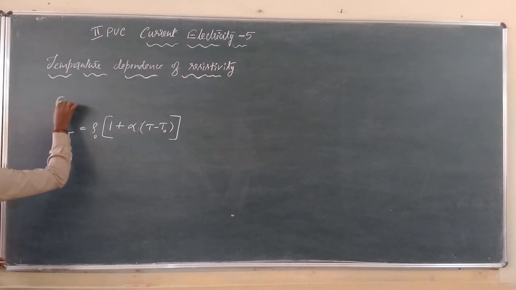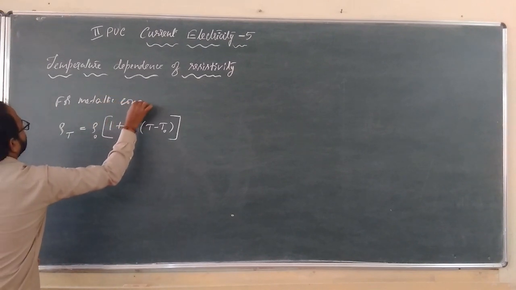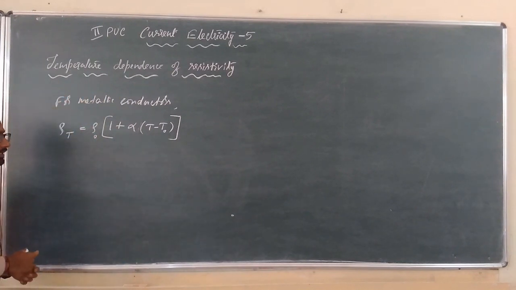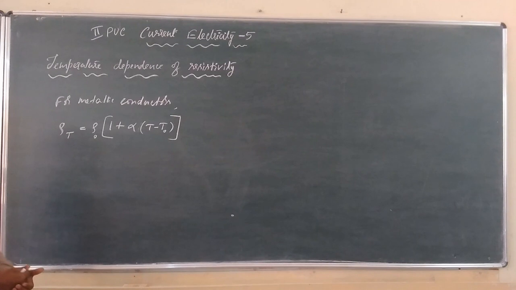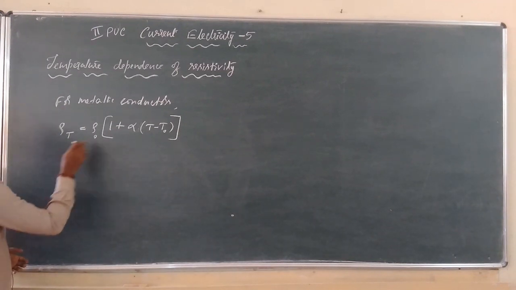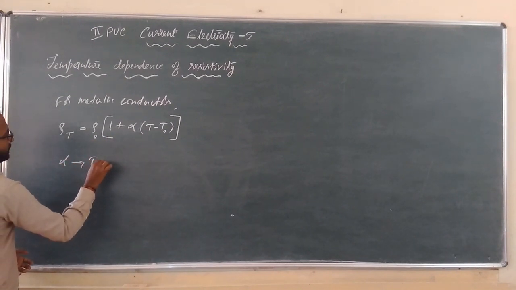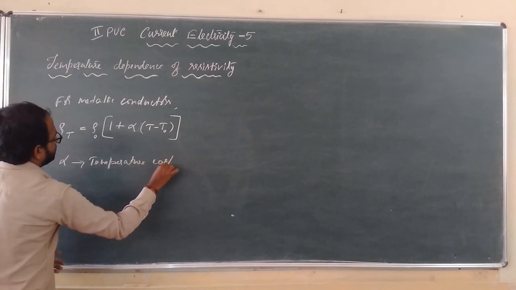So in case of metallic conductors, above 0 degrees Celsius, above 273 Kelvin, the resistivity is directly proportional to temperature. What is alpha? Alpha is called the temperature coefficient of resistivity.